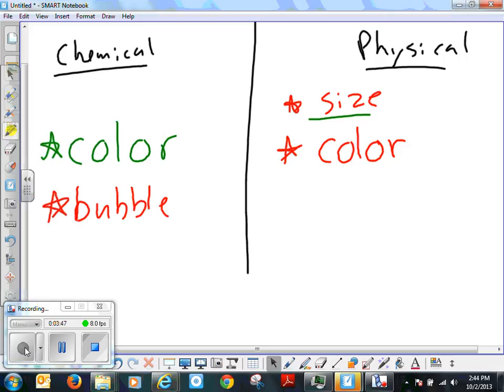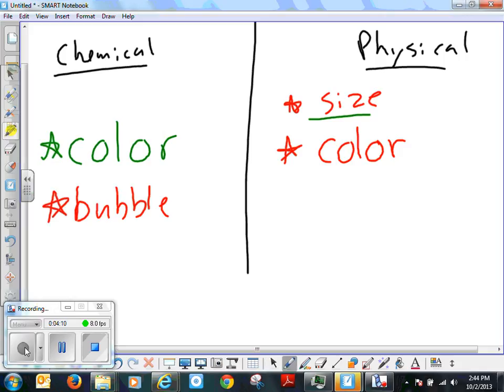And when you see a bubble, what does that mean has formed? A gas, right? Some kind of gas, okay? A gas is usually formed as a product of a chemical reaction. So bubbles usually mean chemical change, but they can also mean physical change.